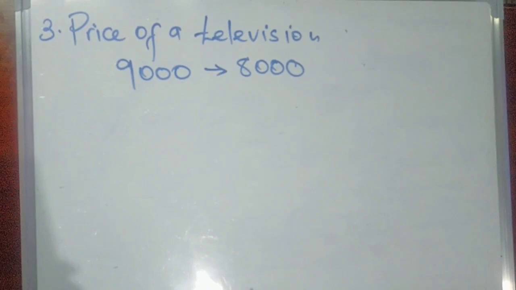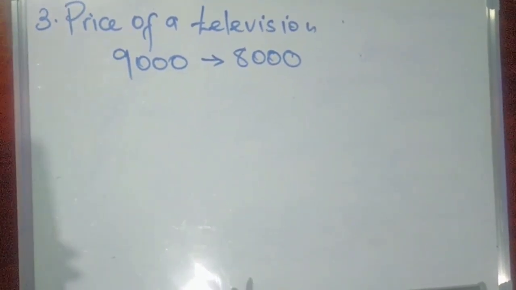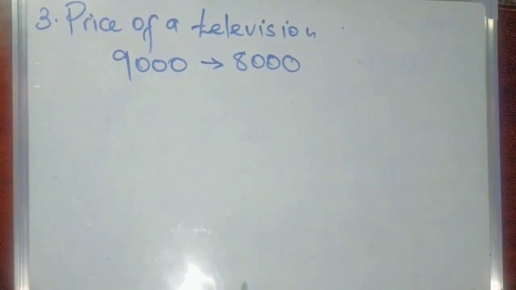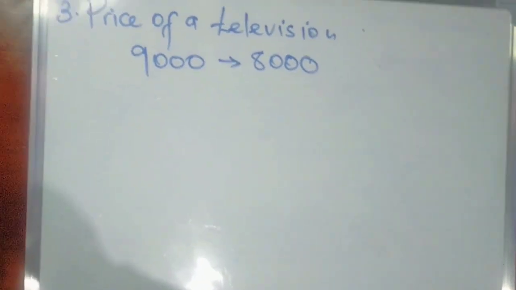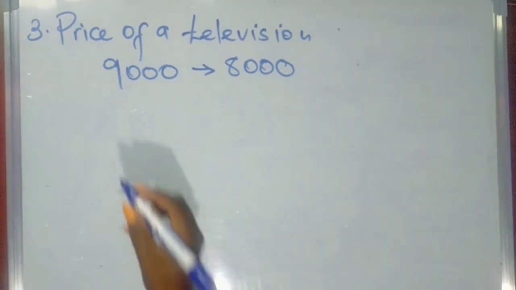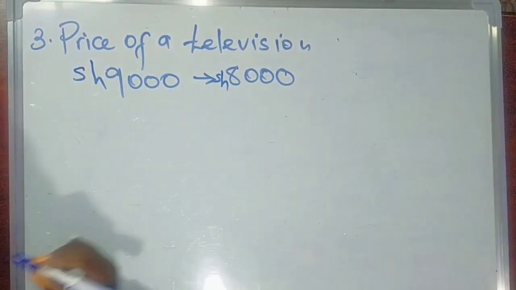In this question, the price of a television drops from 9,000 shillings to 8,000 shillings. The question is, find the ratio of the price decrease. So this is very easy.